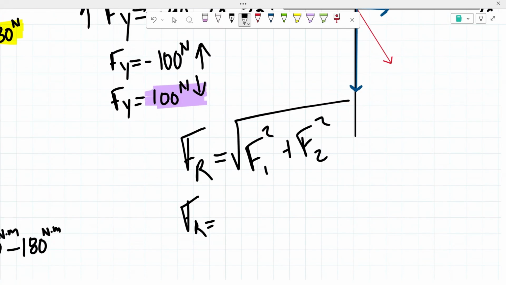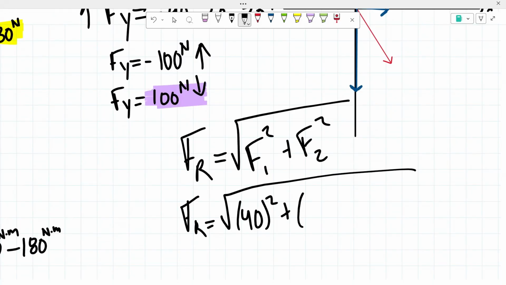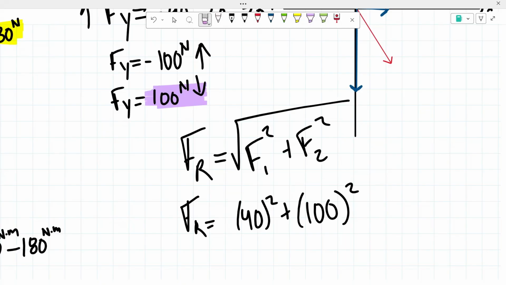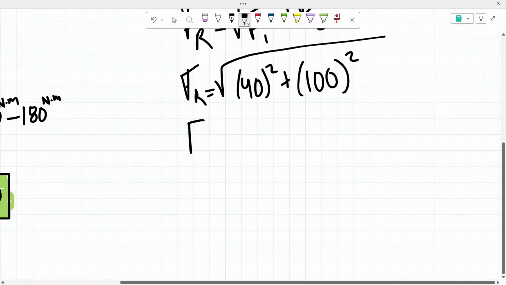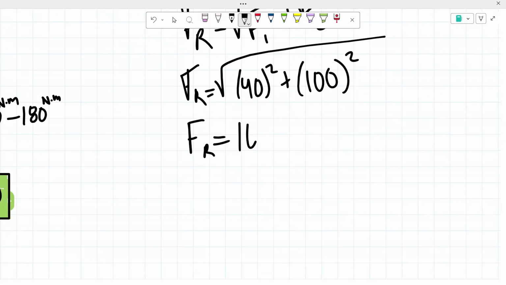So we end up getting 40 squared plus 100 squared. So we end up getting that our resultant force equals 108 newtons.